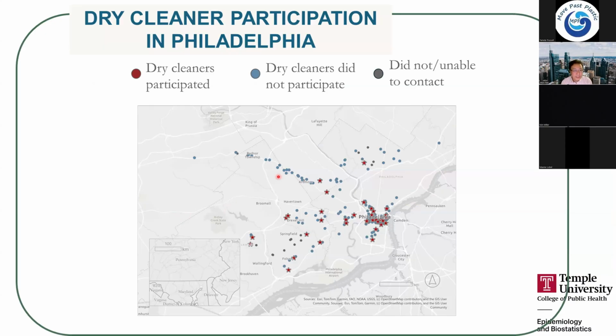As you see in this figure, these are our sampling locations. We visited dry cleaners in Philadelphia and the suburban areas, and we were able to recruit 34 dry cleaners in our study.